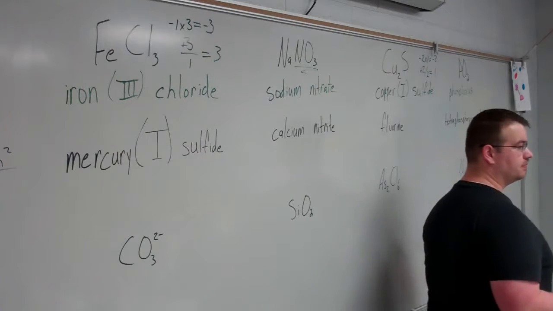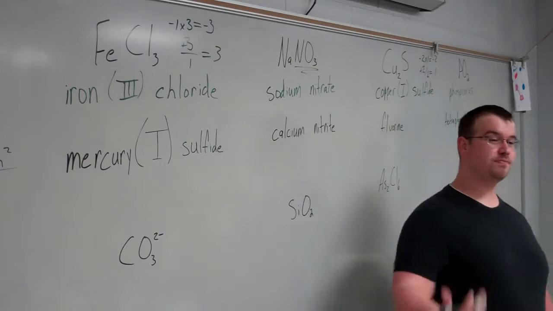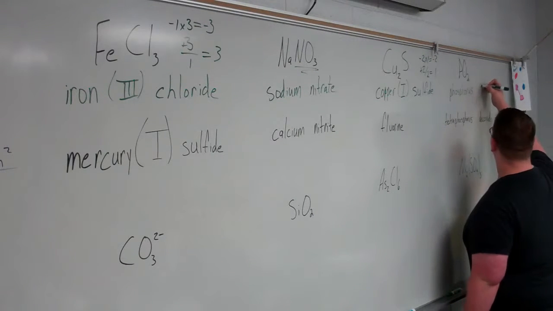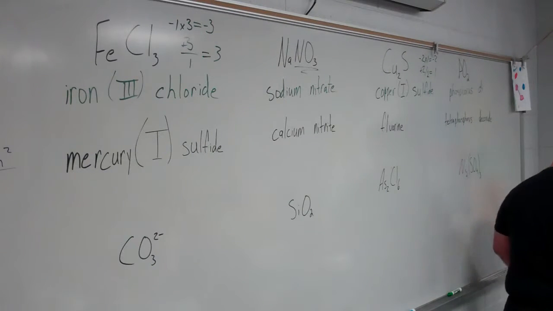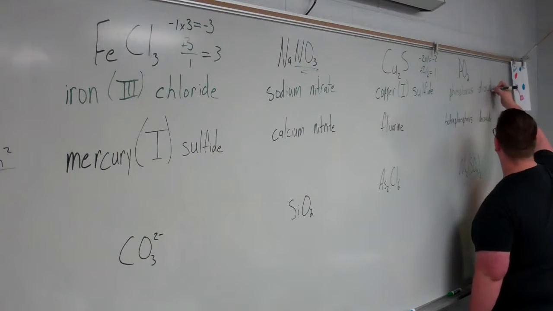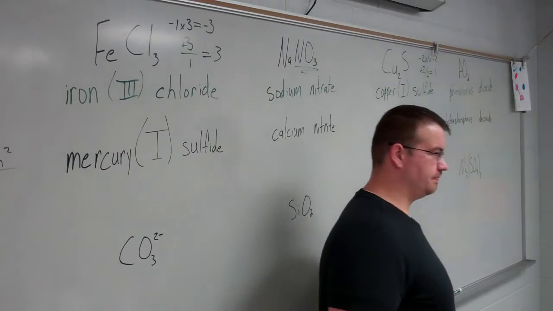You're fine. All right. So phosphorus, and then on the second one, we always put the prefix. What's the prefix? Di. Then name the element, remove the ending, add IDE. Oxide. Dioxide. So phosphorus dioxide.